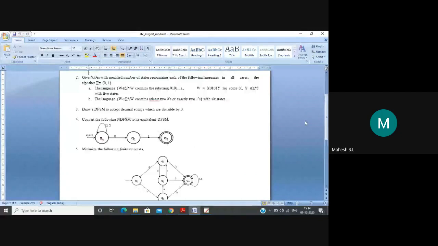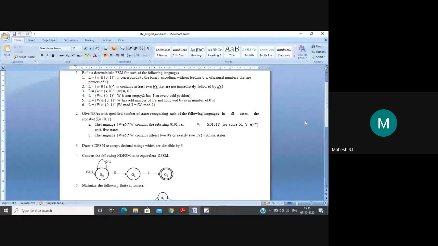I'm going to share these assignment questions with you now itself, so you need to solve this. In the next class, I'll be asking some of you for solutions. Randomly, I'll pick some of you and ask you to give the solution. Is it clear?